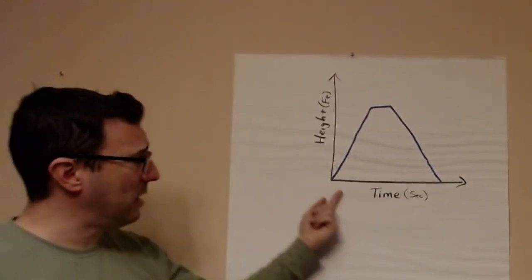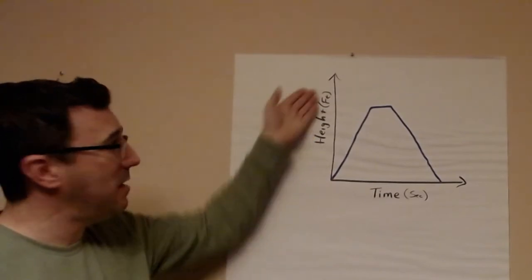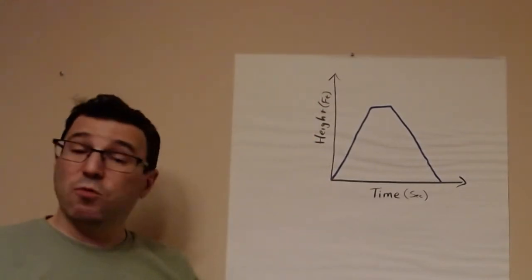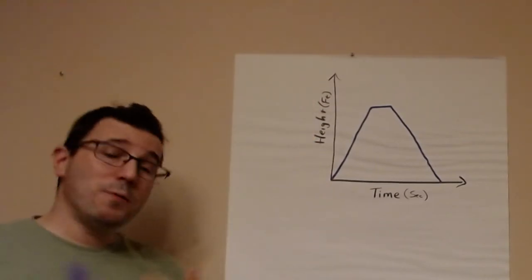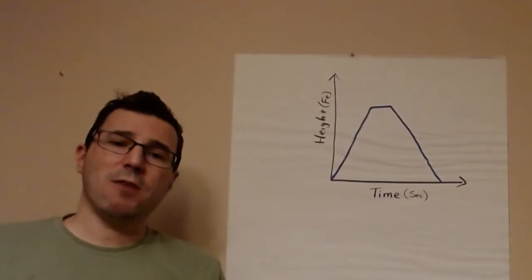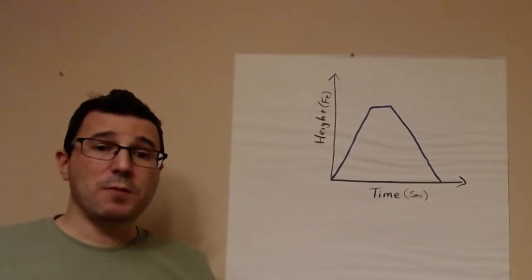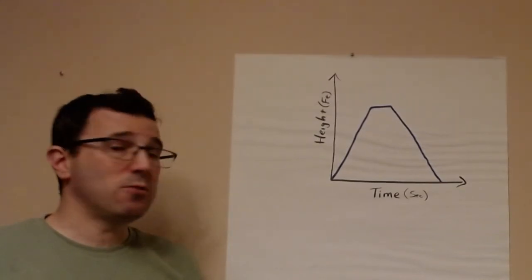So I notice I have time in seconds, and I have a height in feet. So really, if I'm supposed to describe what's going on here, I just have to think of a scenario that could be describing what's going on in this graph.